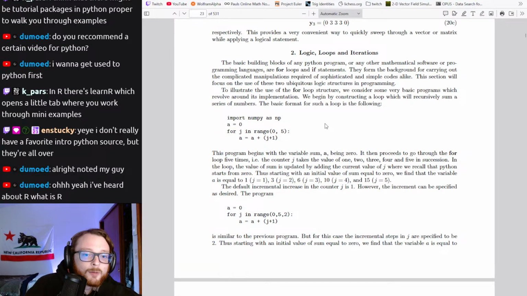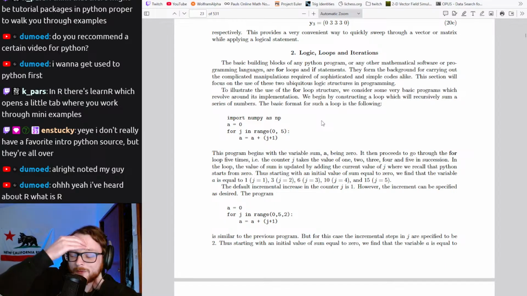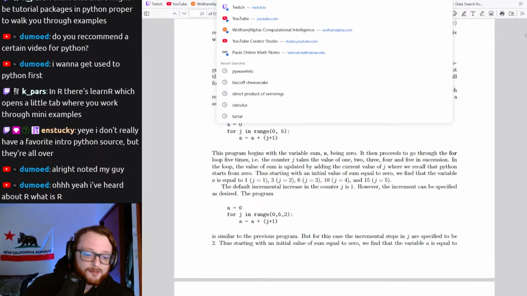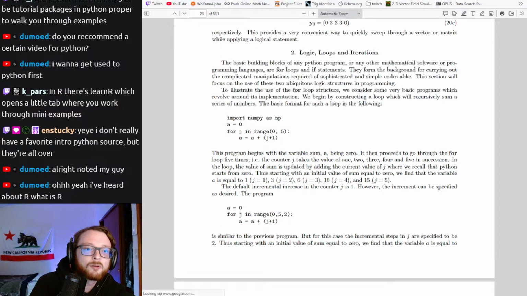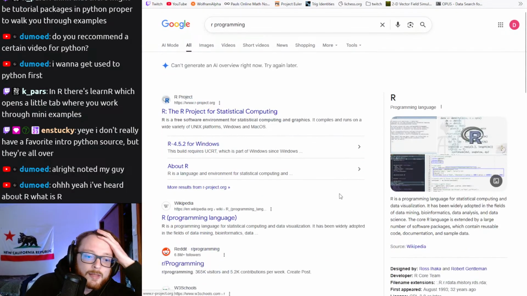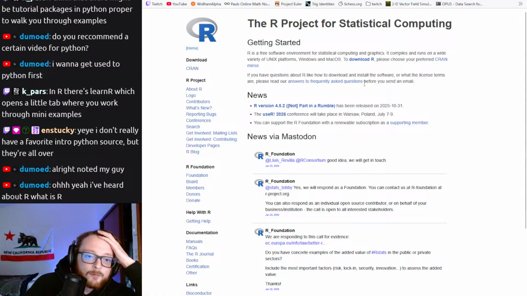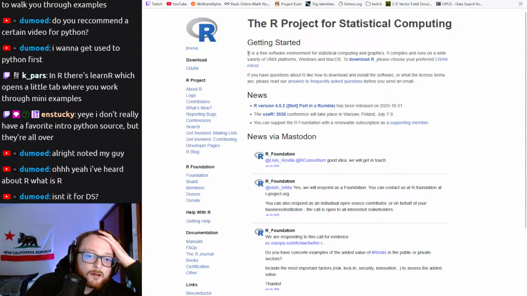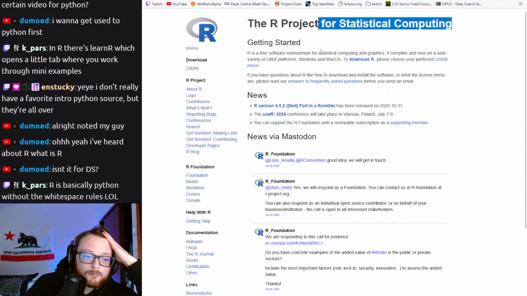R is another programming language. I use it for statistics. I don't know if it's dedicated to statistics. I think it is. R programming. Yeah. So it definitely is for data science. Statistics would be in this case maybe a different slant of data science, but it's also data sciencey.